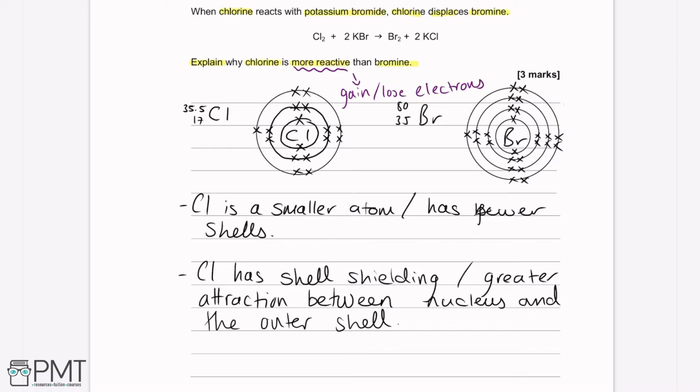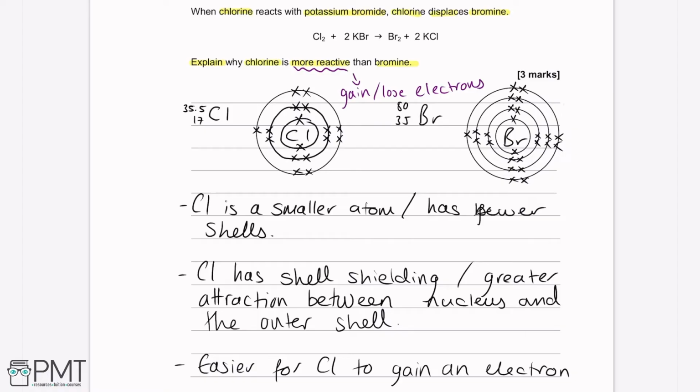So what we can say is chlorine is more reactive because it is easier for chlorine to gain an electron than bromine. Remember, because both of these are in group 7, they want a full outer shell, so the easiest way from getting to 7 to 8 is to gain an electron, rather than losing 7 electrons.